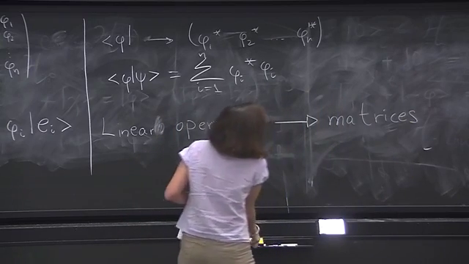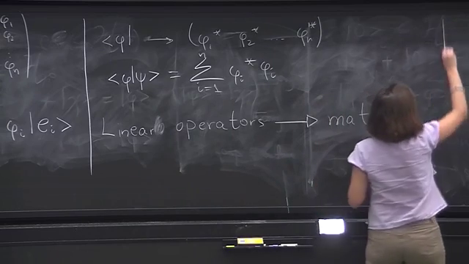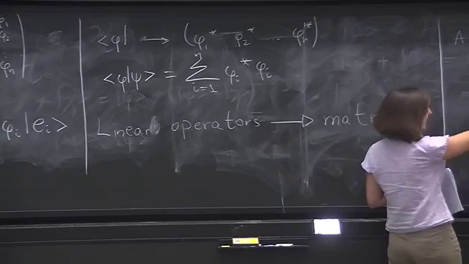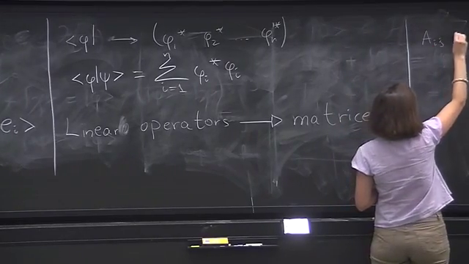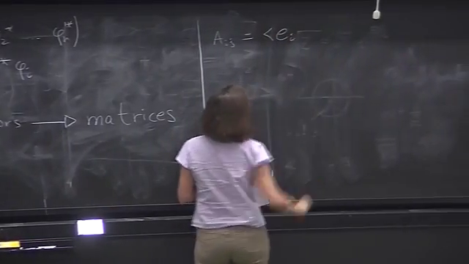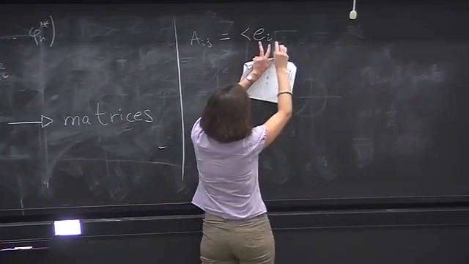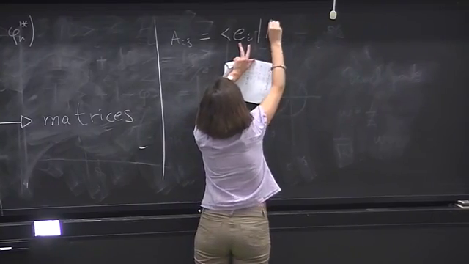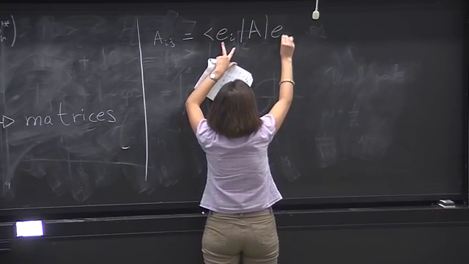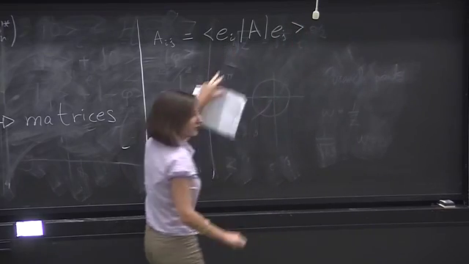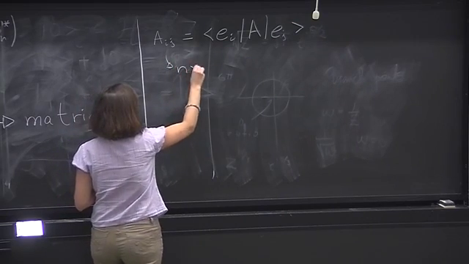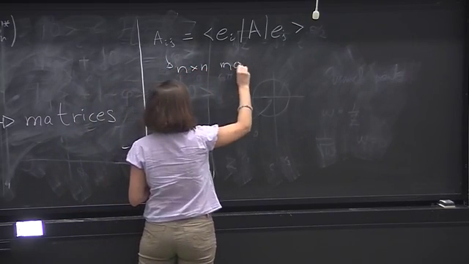So if I have a linear operator, say A, I can define a matrix with elements A_ij equal to the scalar product of the basis vector e_i with A acting on another basis vector e_j. This will give me an n by n matrix.